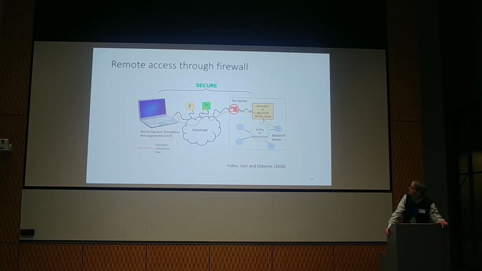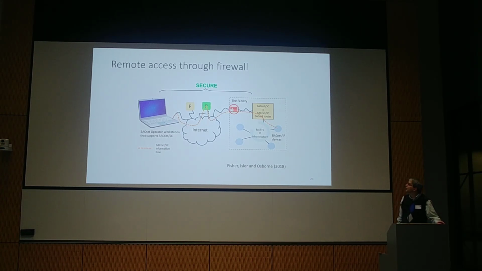For example, this one in which you have a BACnet operator station that's connected to the internet somewhere, and it can connect to and communicate with devices that are behind the facility firewall. Let's say in this case, BACnet IP devices. So the idea here is we have a BACnet router, that's that rectangular thing inside the facility.